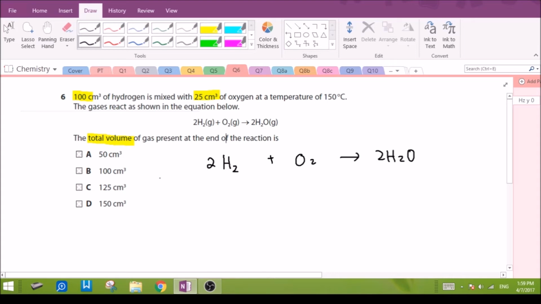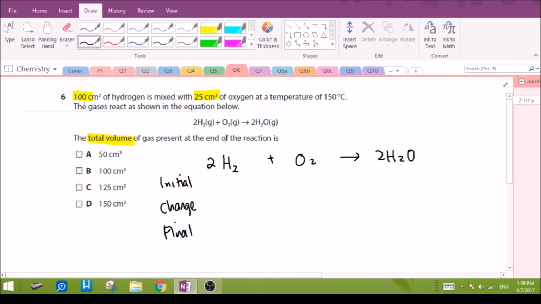So we have initial, or the starting, we have the change, meaning whether it increases or decreases, and then we have the final volume.